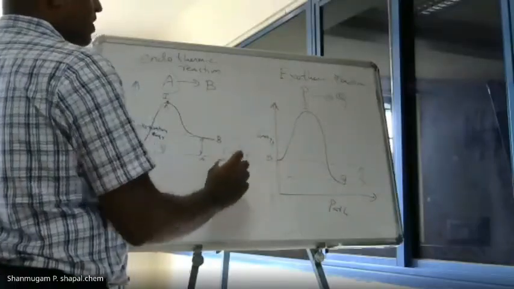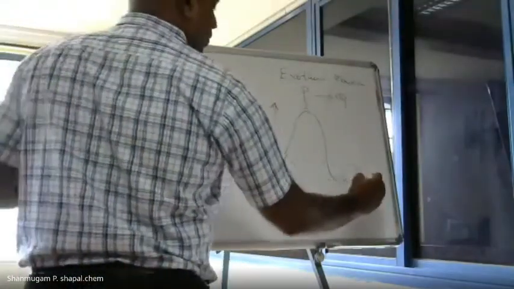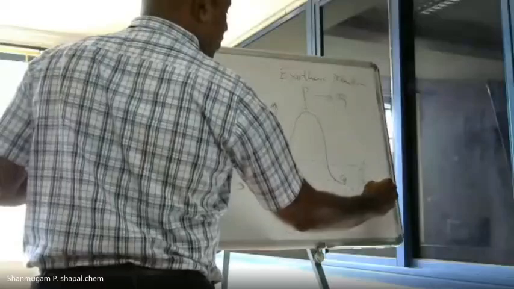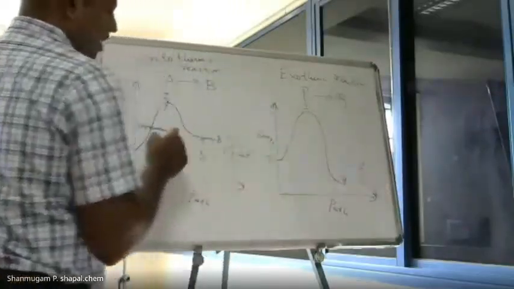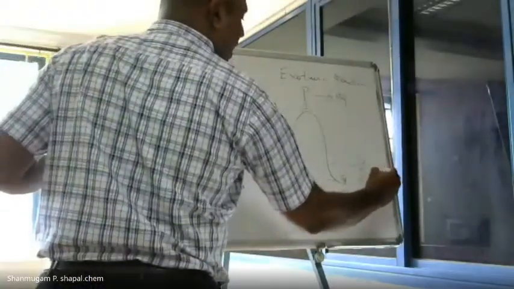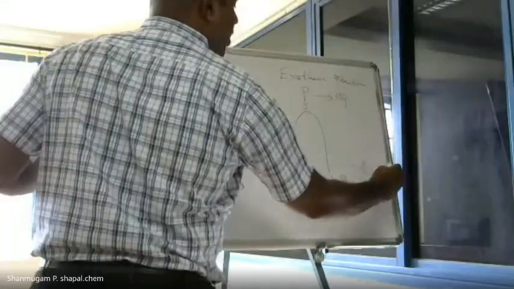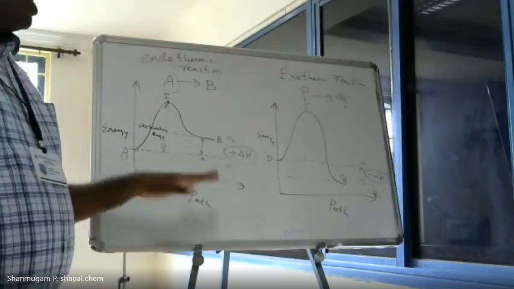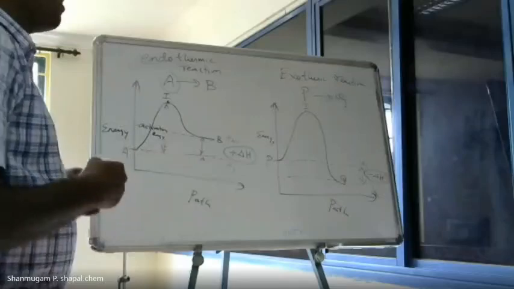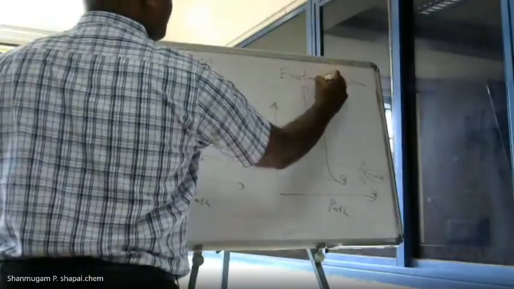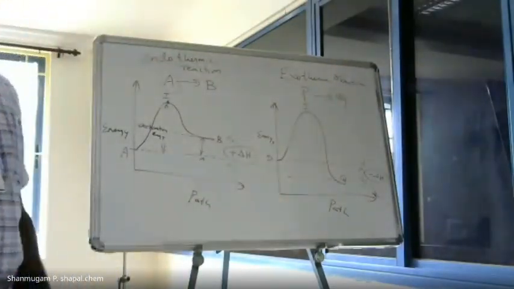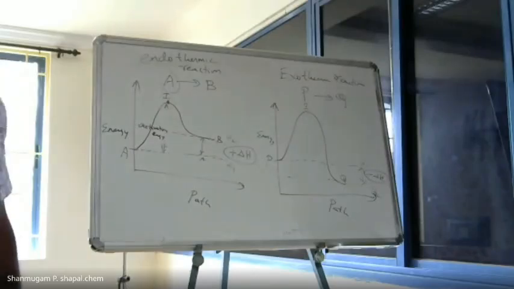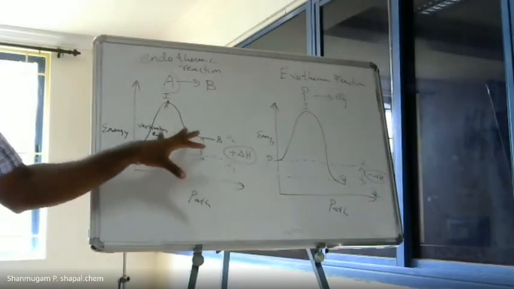If the sign is such that heat is liberated out of the system, that is what exothermic is. So this is the major thermic concept that we understood from here in the reaction mechanism.